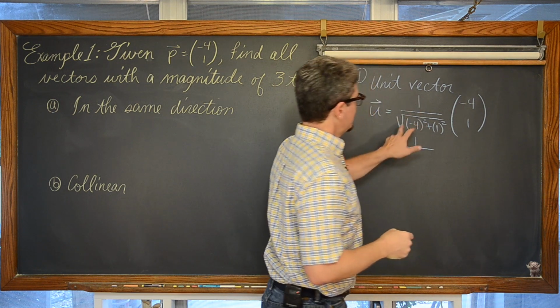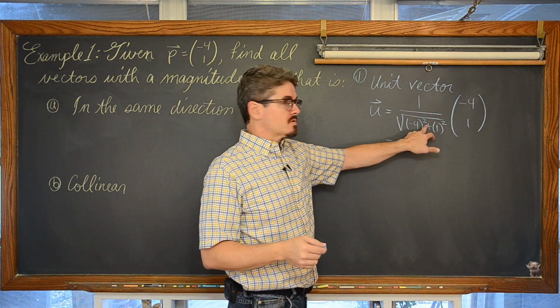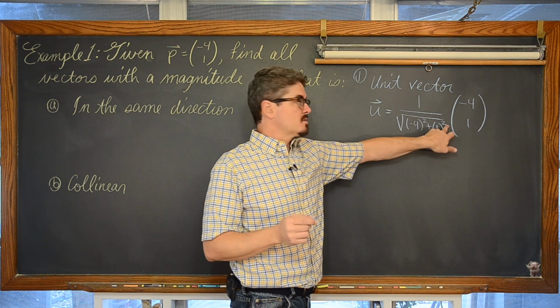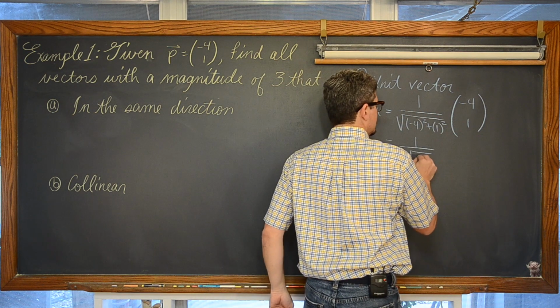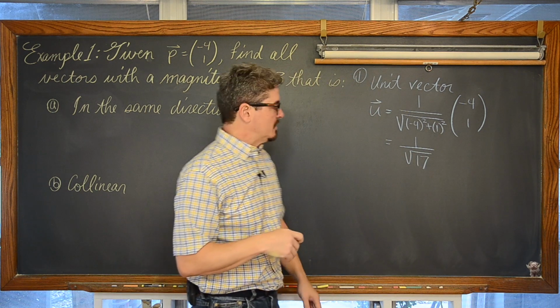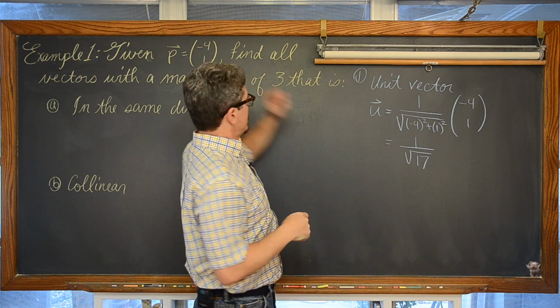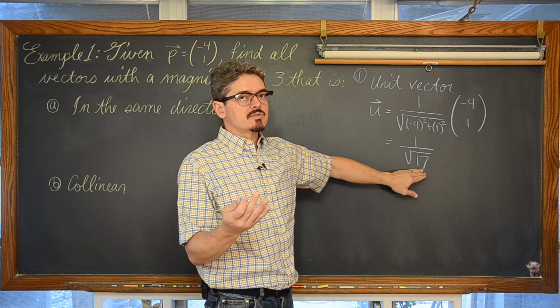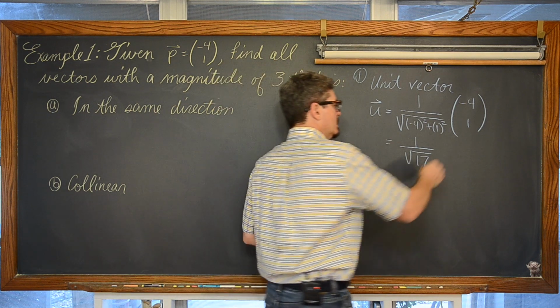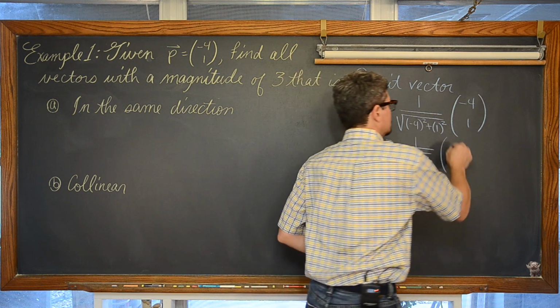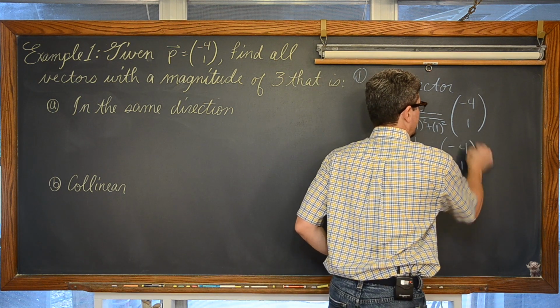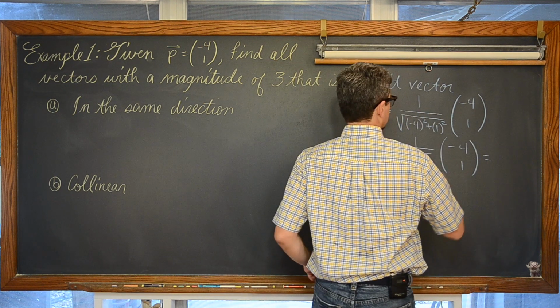So we have 1 over the square root of (-4) squared, which is 16, plus 1 squared, which is 1. Well, 16 and 1 is 17. And here is our scalar multiple. Vector p has a magnitude of the square root of 17, so we're simply going to apply the scalar multiple of 1 over the square root of 17 to that vector p and get a unit vector.